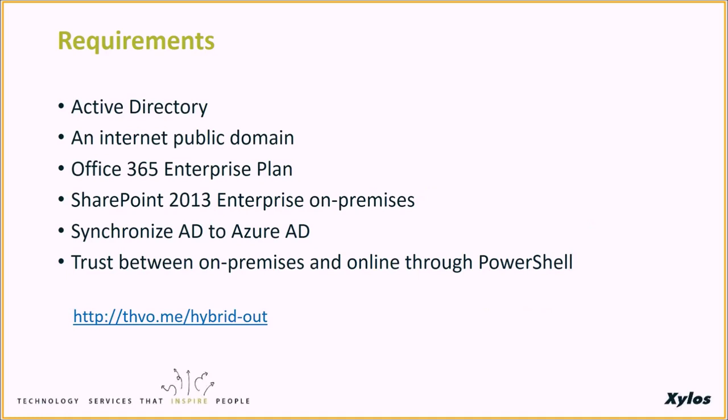Because if you send a query, a search query to SharePoint Online, it has to have a way to verify that this request is coming from a trusted source. And through a PowerShell script, a few hundred lines, I guess, you can configure this trust, and it's basically an exchange of certificates. So you create a certificate on premises, you send it to SharePoint Online so that SharePoint Online can use this certificate to know who you are.